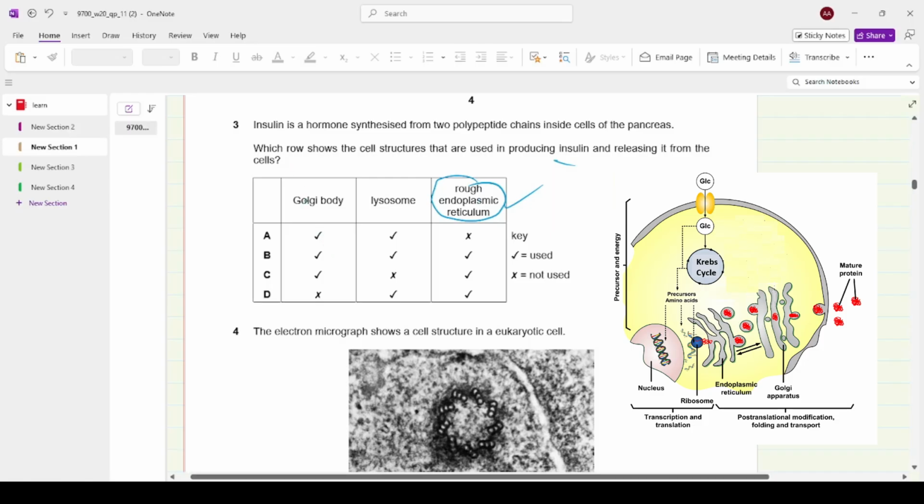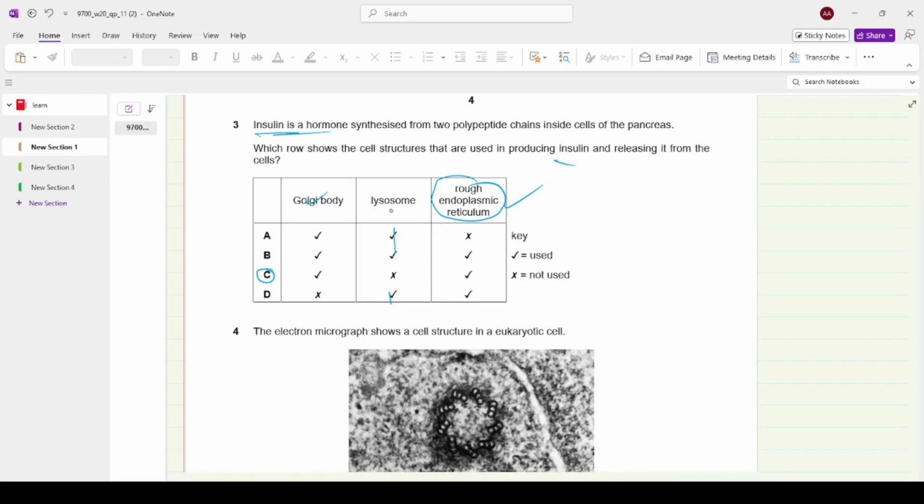The Golgi body is also essential for the modification of these proteins. Lysosomes are important in keeping hydrolytic enzymes, but to produce insulin we don't need lysosomes. So A, B, D are wrong.